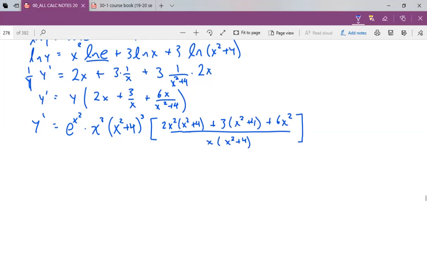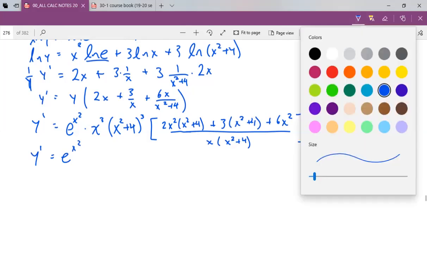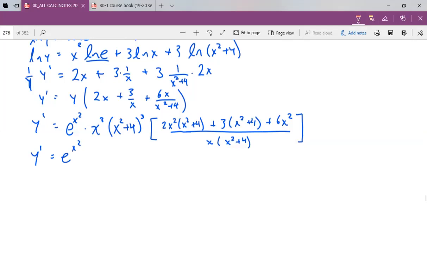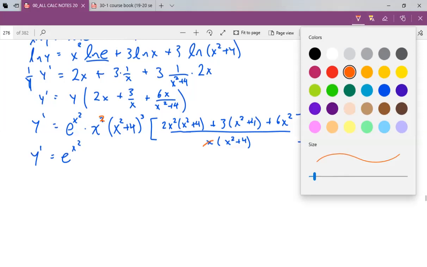Now, we want to tidy this up a little bit. The e to the x squared stays here. Now, when we look at this closely, we have x cubed sitting out front here, and we have a factor of x in this square bracket here. So this factor of x and one of those factors from x cubed are going to divide out.